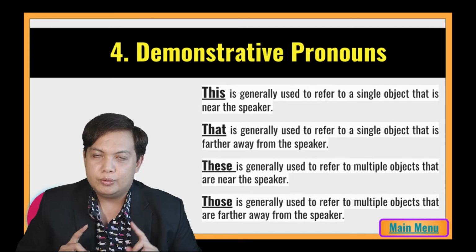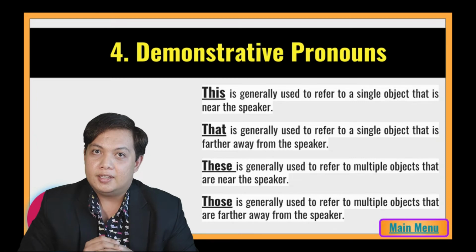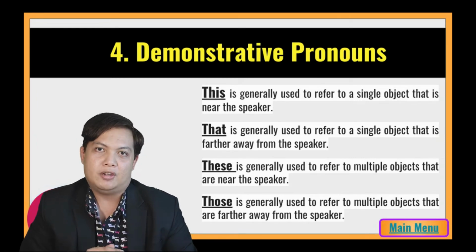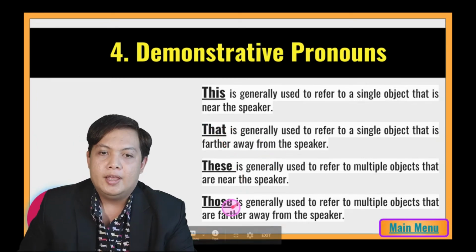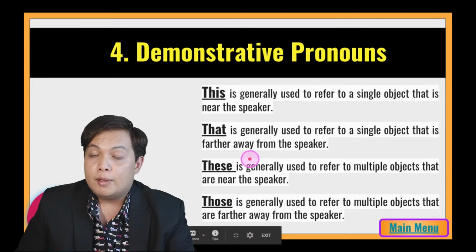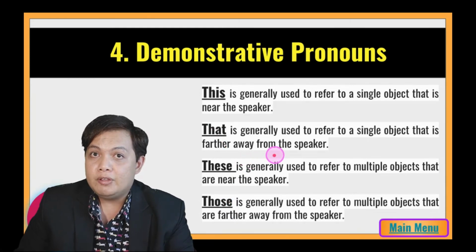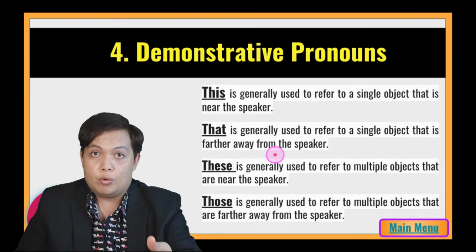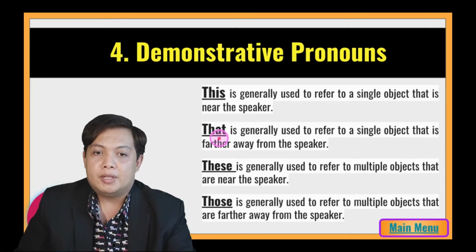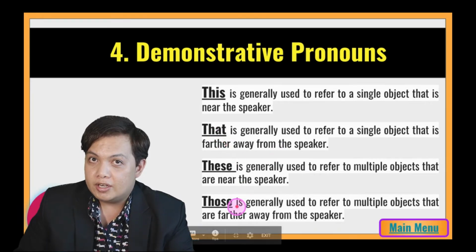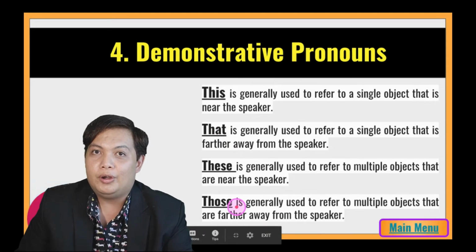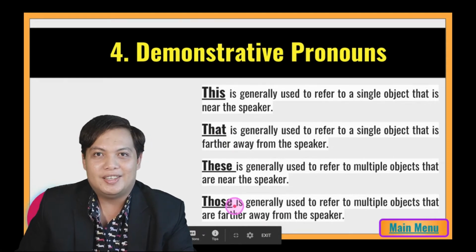For that and those, we use them to refer to an object farther away from the speaker, but that is for a singular object and those is for plural objects.